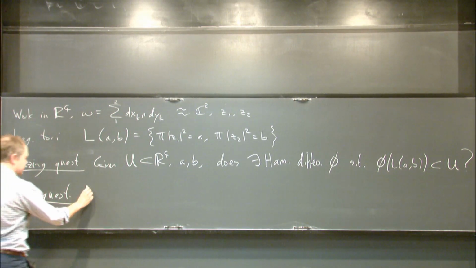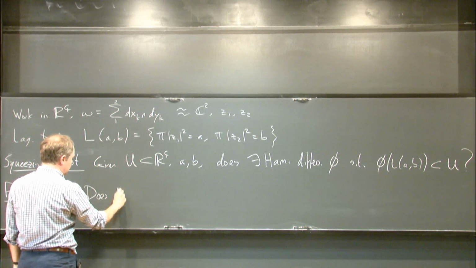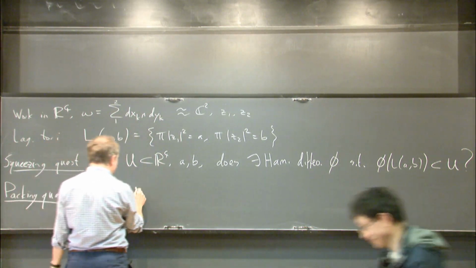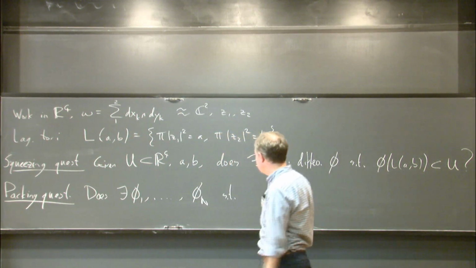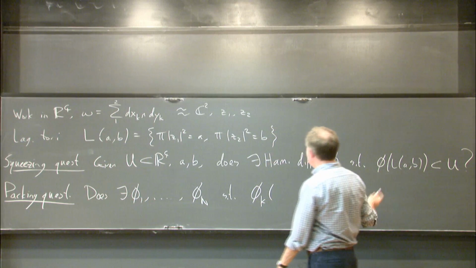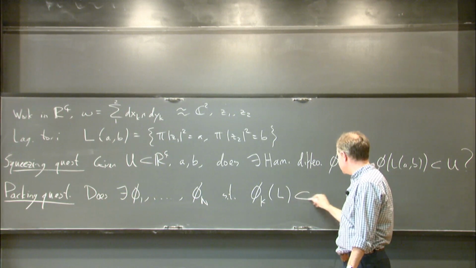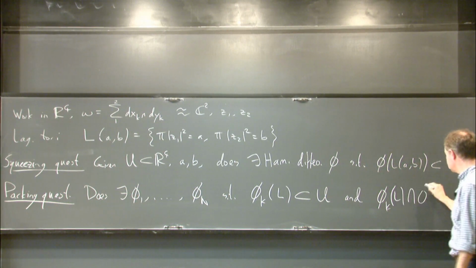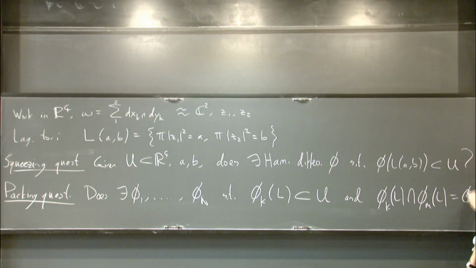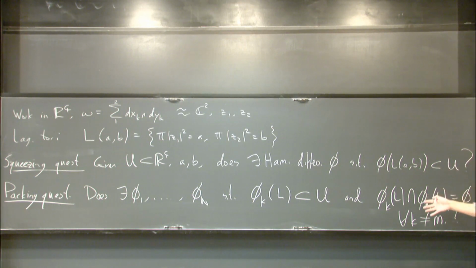So with the same U, maybe the same A and B, does there exist n of them, phi_1 through phi_n, such that the image of the Lagrangian under phi_k is contained in U, and they are disjoint. So that's packing and squeezing.